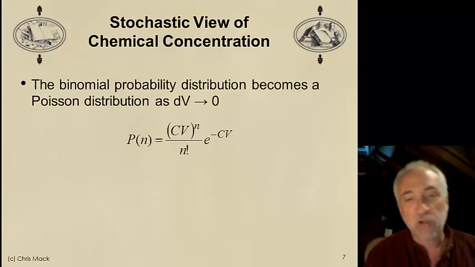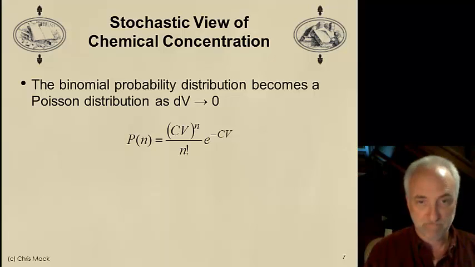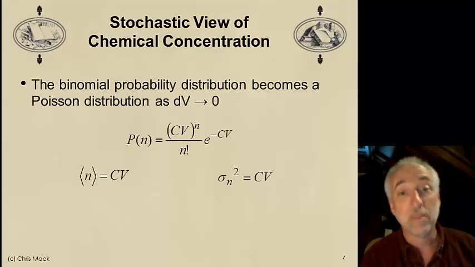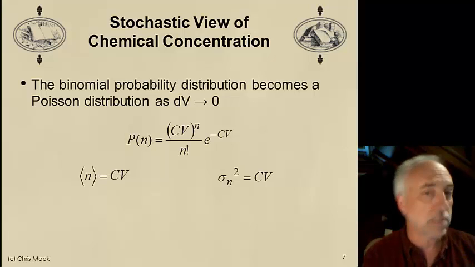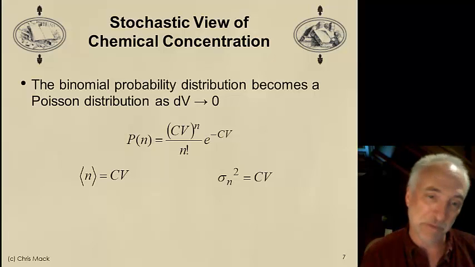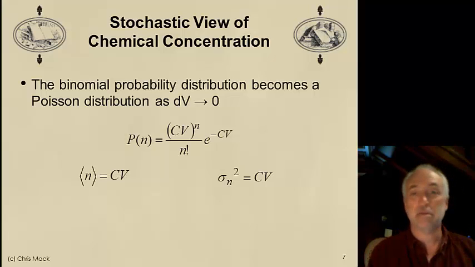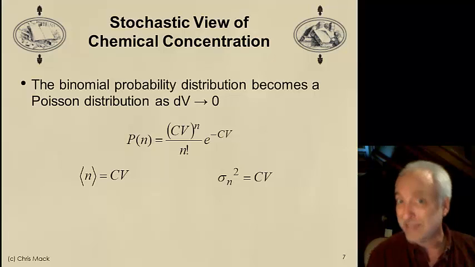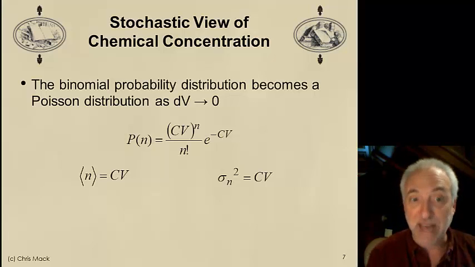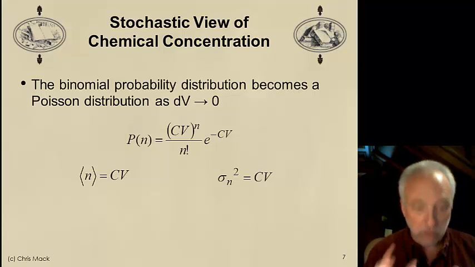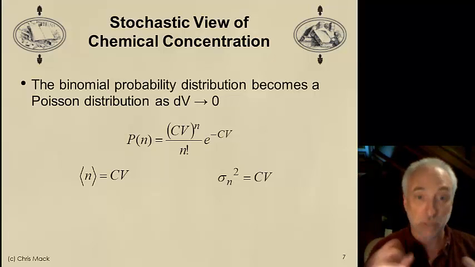Some important properties of the Poisson distribution. First of all, the mean value is C times V. Well, this, of course, makes perfect sense because if it didn't do this, we would be worried about our derivation here, because the definition of concentration is simply the average value of the number of molecules you find per unit volume.